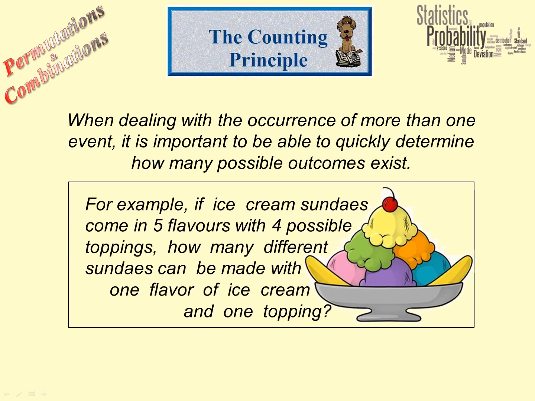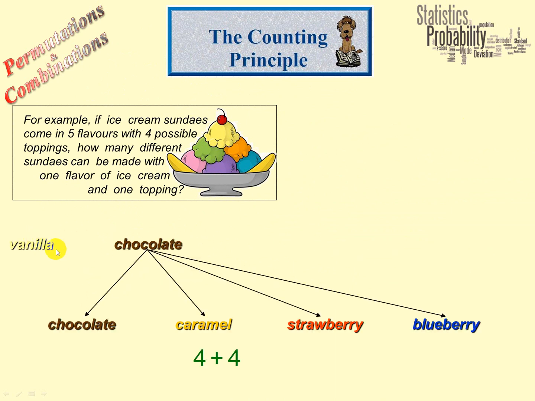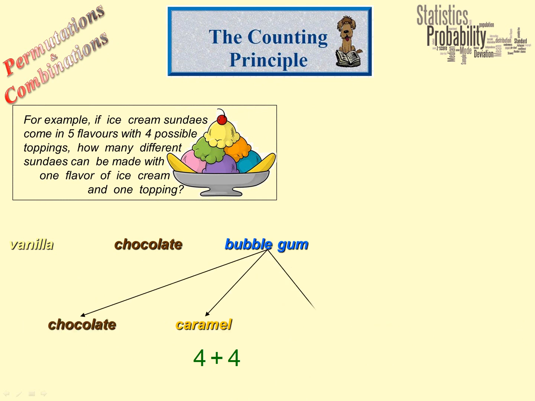Here's an example. We have an ice cream sundae with 5 flavors of ice cream and 4 possible toppings. How many different sundaes can be made with 1 flavor of ice cream and 1 topping? So the 5 flavors across the top of the ice cream, and here are the toppings.